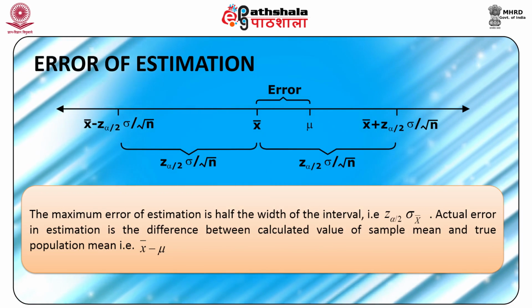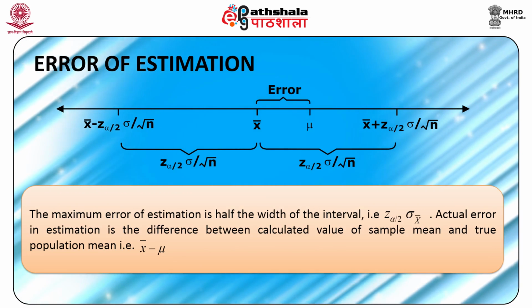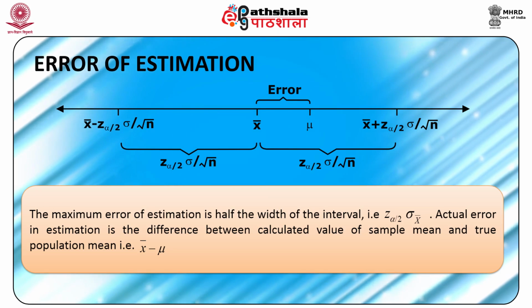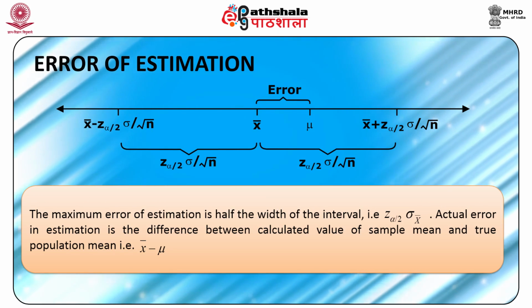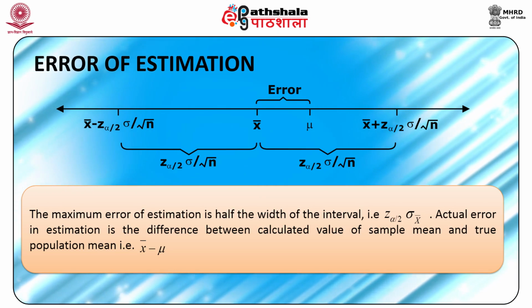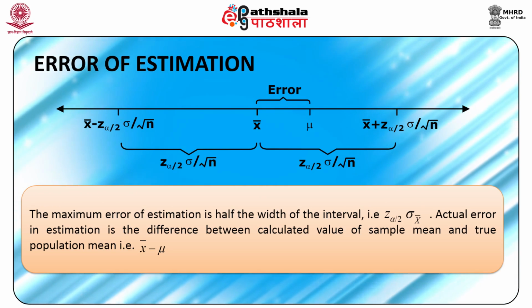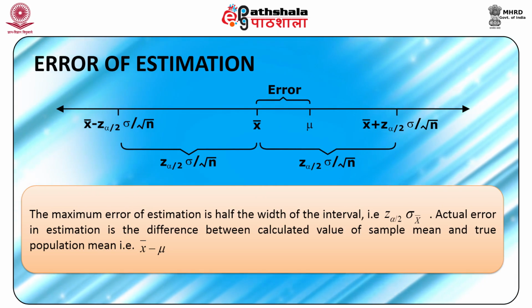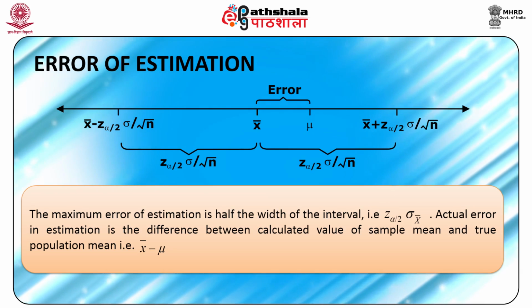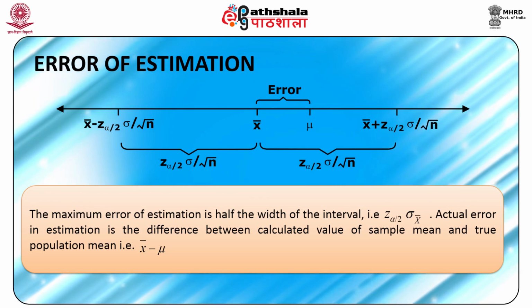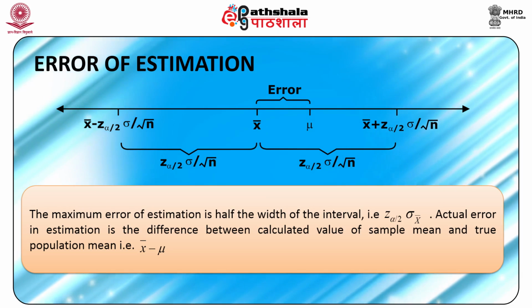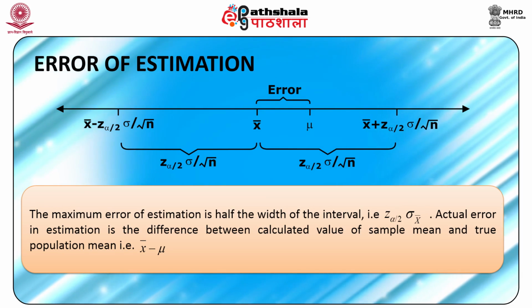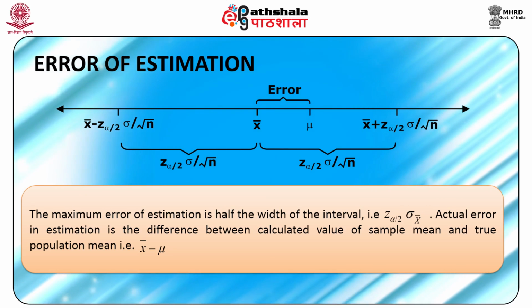If we wish to have a desired level of precision for a given confidence level, we can obtain that objective by adjusting the sample size. So when we want to maintain a particular level of precision, we are essentially placing an upper limit on the error of estimation. The maximum error in estimation is the distance from the sample mean to either the upper or lower confidence limit.